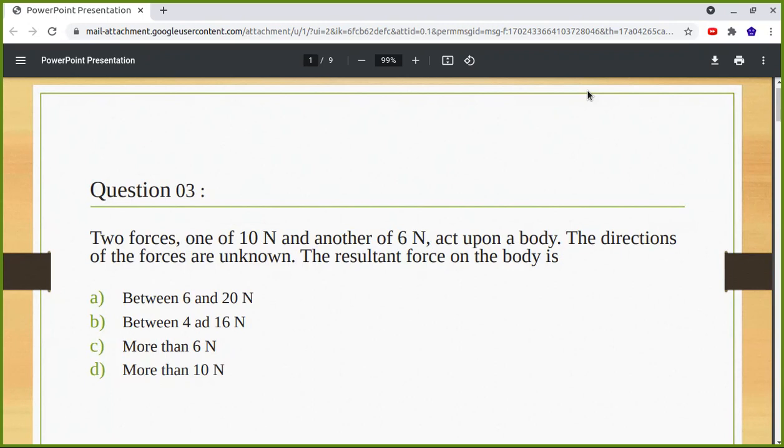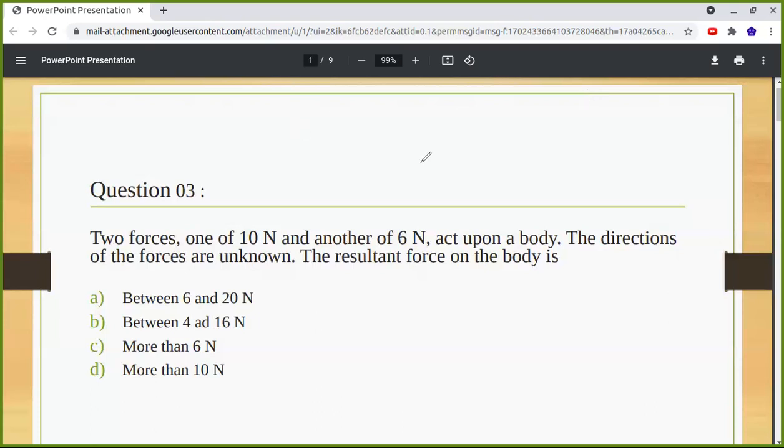If the directions are something between those two angles, in the same direction means the angle between the two forces is 0. In the opposite direction means the angle between the two forces would be 180.